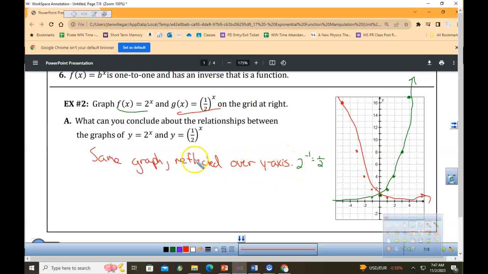Okay, which makes sense because y equals 1/2 to the x is the same thing as y equals 2 to the negative x, right? Because if I make it a negative exponent, I reciprocate it, I flip it. And these are the same with a negative, and if you guys recall from Algebra 2, putting a negative by your x flips it over the y-axis. All right?